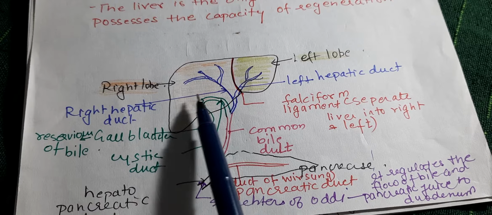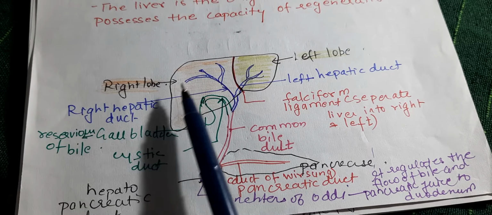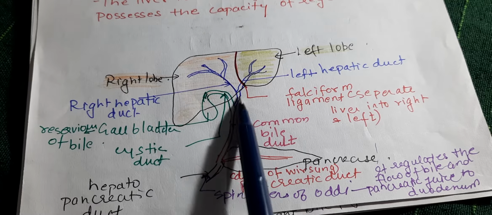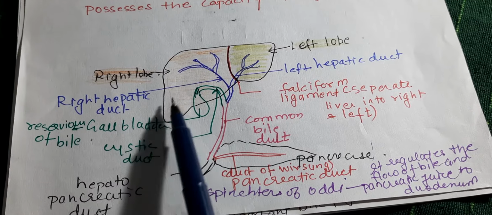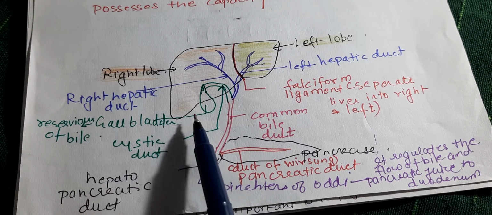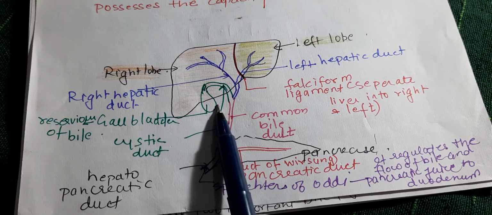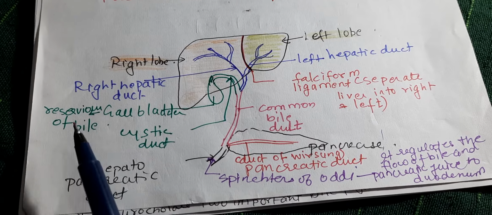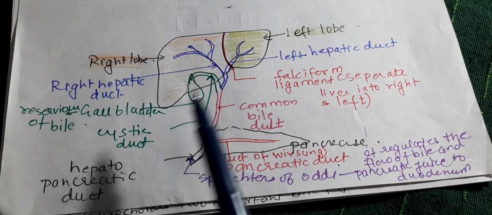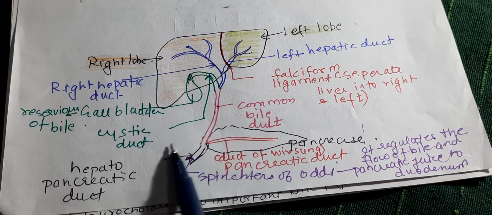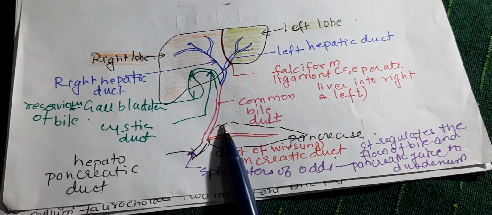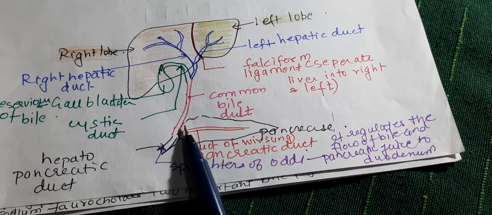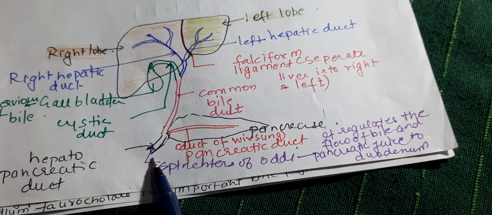Then there are hepatic cells which are situated here in the liver, and there are hepatic ducts which collect the bile, and the bile enters the gallbladder where it is stored. So the gallbladder is called the reservoir of bile, and through the cystic duct it is connected to the main bile duct, and this bile duct carries it toward the intestine.